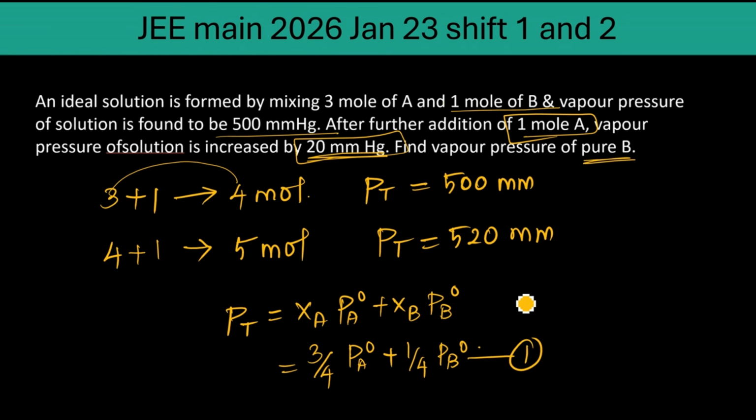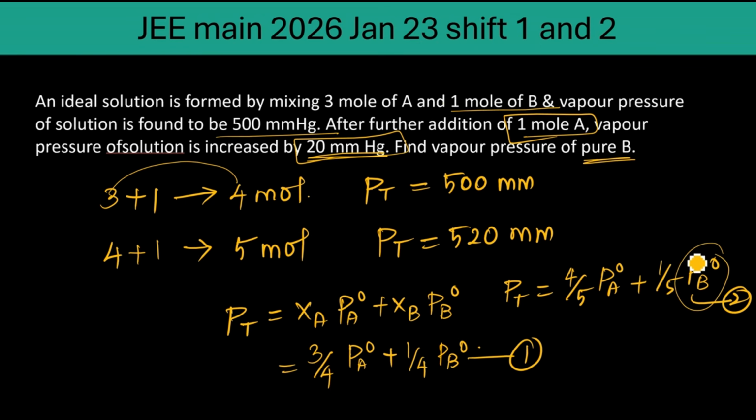Similarly, for the after condition, the equation becomes 4 by 5 PA naught plus 1 by 5 PB naught. So this becomes the second equation. So upon solving, you will get the value of pure B, PB naught, which comes out to be 200 mmHg.